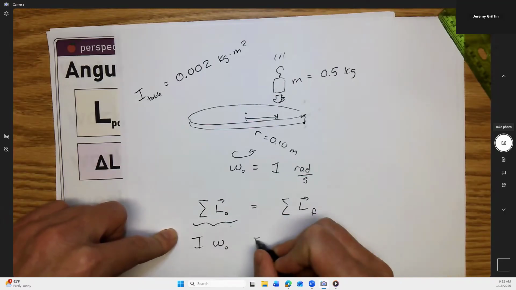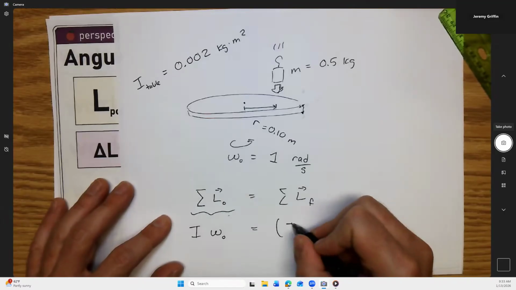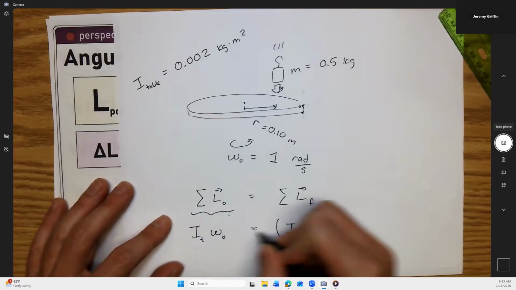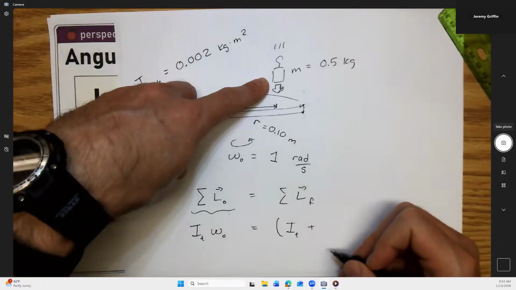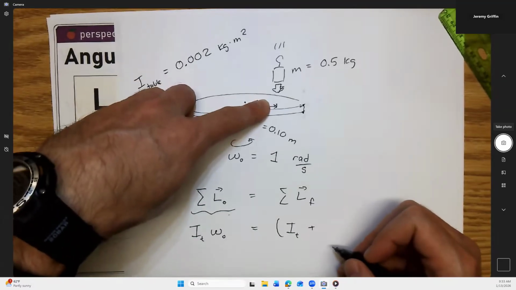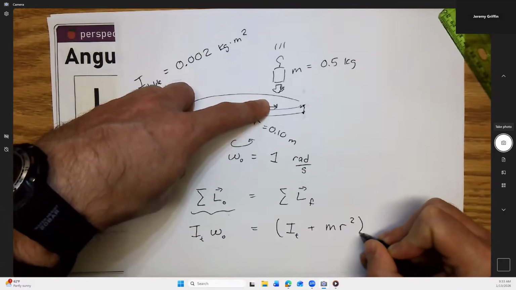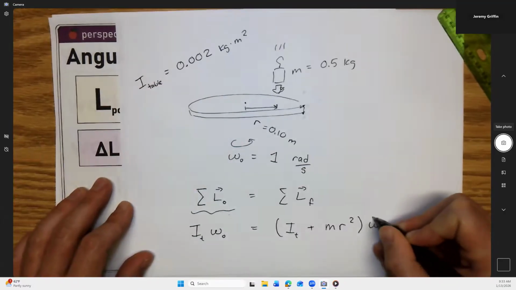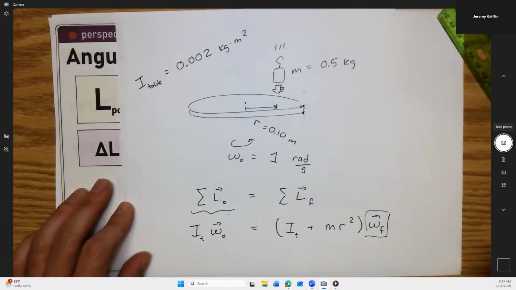And then post collision, I omega. This is I of the table, the T for table, plus this half kilogram mass landing right there. Isn't that like m r squared? And then I got omega final right here. Initial, final. You can solve for that.